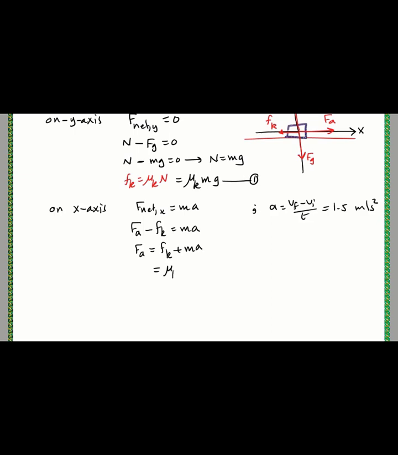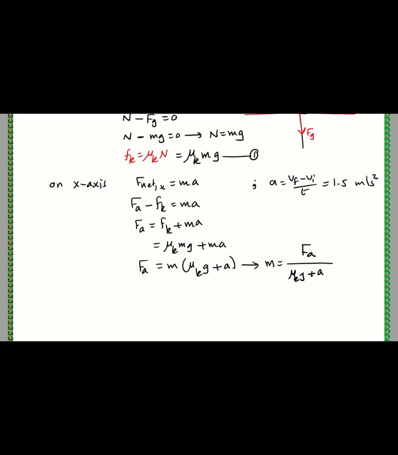Fk is mu k m g, plus m times a. Take m as a common factor: mu k g plus a. This is Fa. We need m. From this, m equals Fa divided by mu k g plus a.